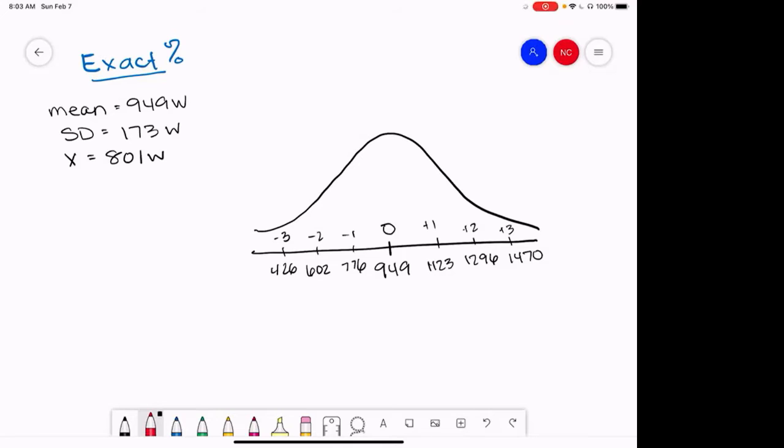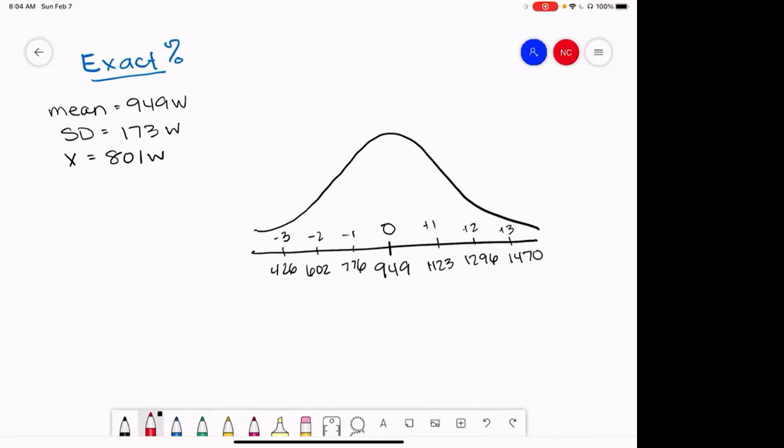Now in Excel, maybe you used a count if function, since I gave you kind of this block of data, right? And you could say, I want Excel to count how many values are less than or equal to 801 in this given distribution. And then you divide that value by your total sample size, and then you get your percentile, right?